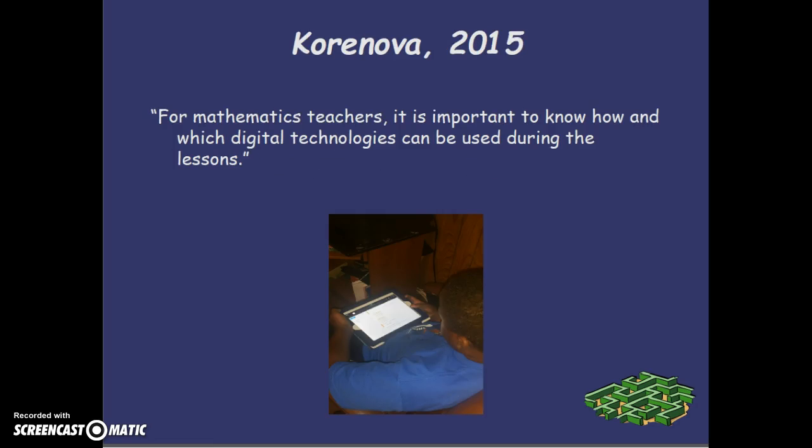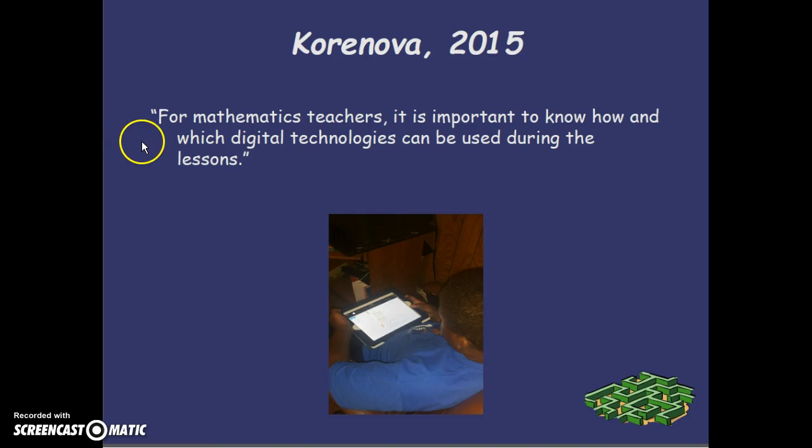Next, here goes a quote from a different scholar who had completed research also on the use of technology in improving mathematics. Actually, here goes another quote from another scholar that I researched that I found pretty important for everybody to know.